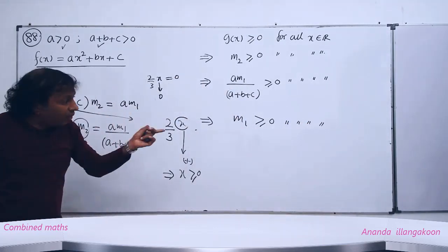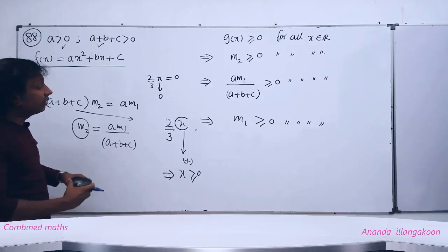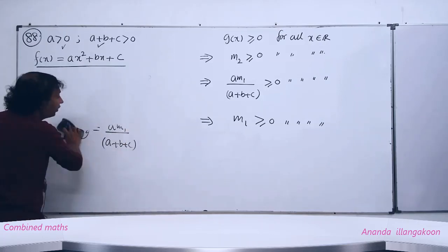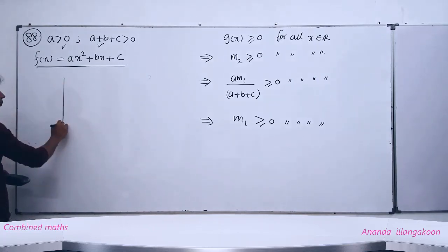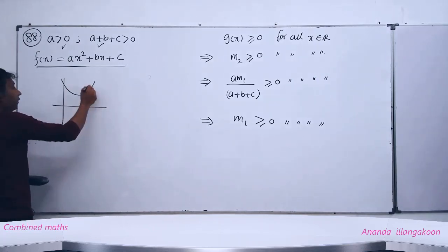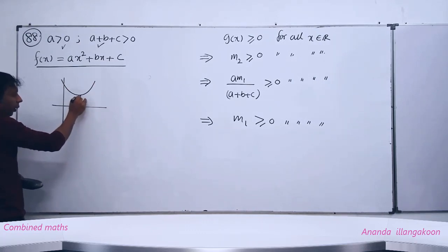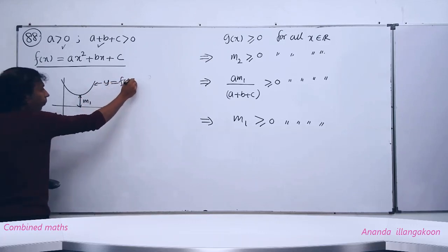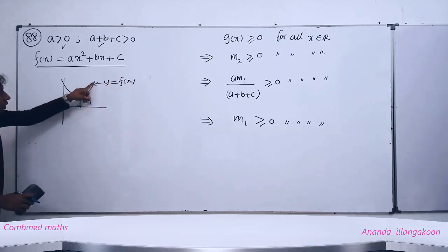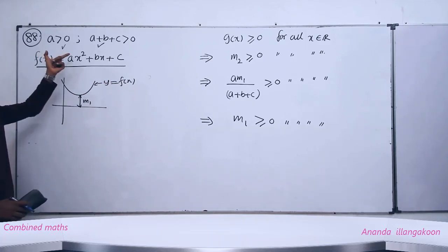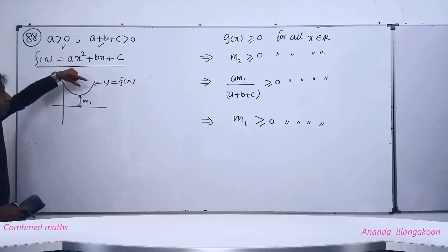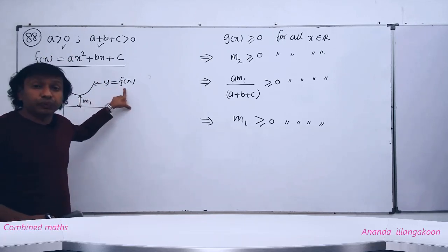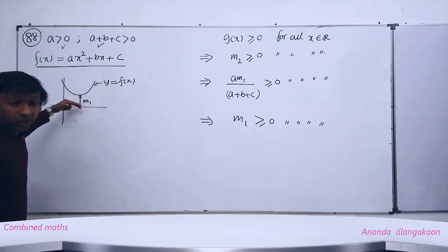Understand? What is m1? m1 is the minimum value of the graph f(x). This lowest point, the y coordinate, is m1 of the graph y equals f(x). m1 positive means the graph is completely lying above the x-axis. The lowest point is also above the x-axis.